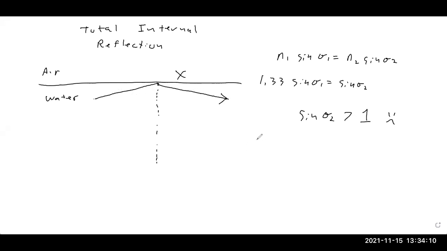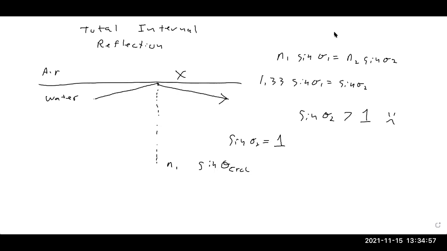And the equation for what will force this to happen is going to be: the sine of the other angle is going to peak at 1. So that's going to be the biggest angle that we can get on the top, and thus the biggest angle we can get on the bottom. So n1 times the sine of the critical angle.